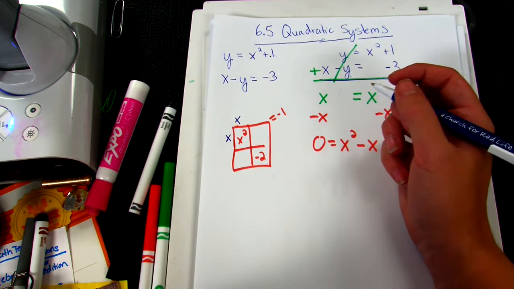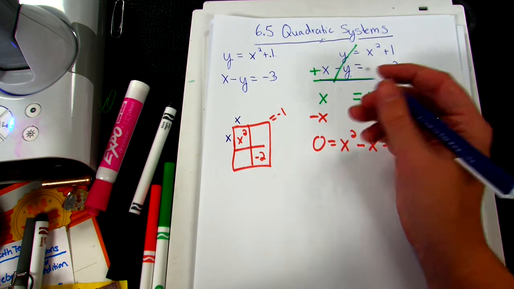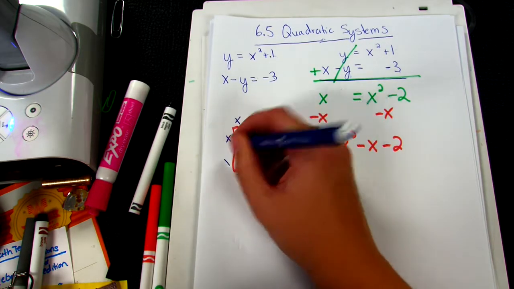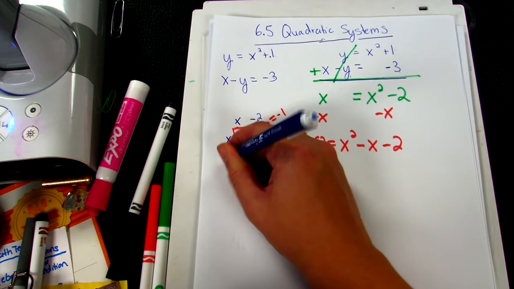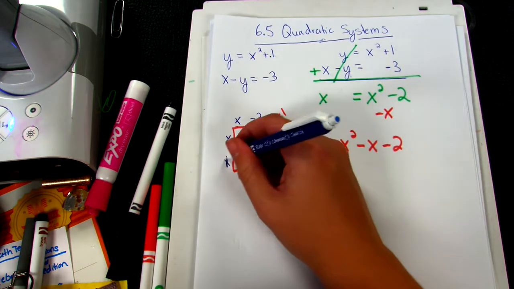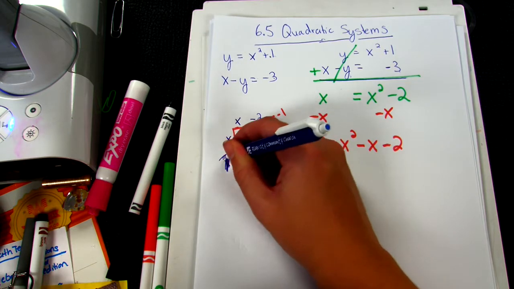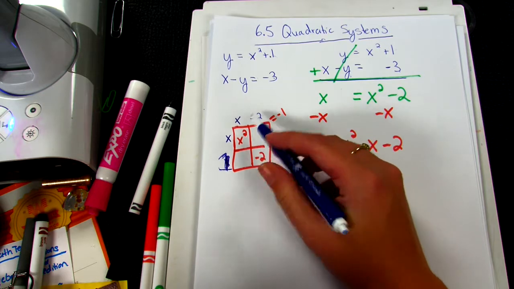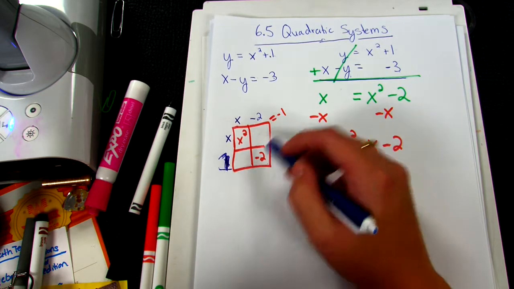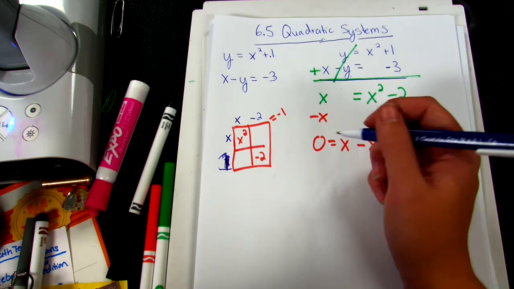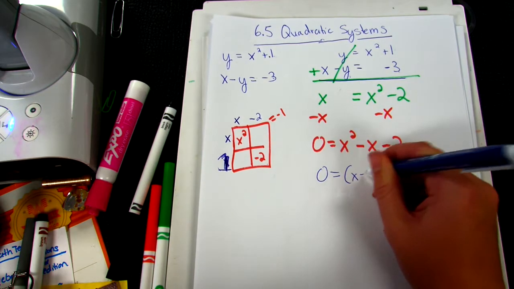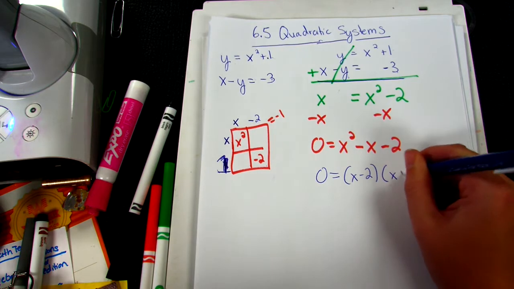I'm thinking negative 2 and positive 1, because 1 times negative 2 is negative 2, and negative 2 plus 1 becomes negative 1, right? So our two factors that are equal to 0 are x minus 2 and x plus 1.